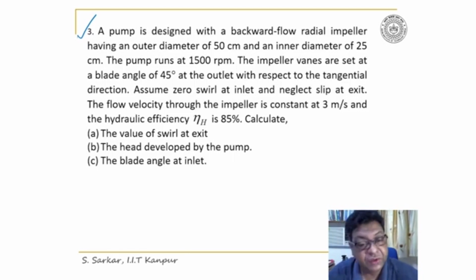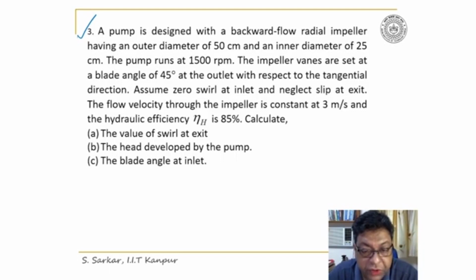The pump runs at 1500 RPM. The impeller blades are set at an angle of 45 degree at the inlet with respect to the tangential direction. Assume zero swirl at inlet and neglect slip at exit.